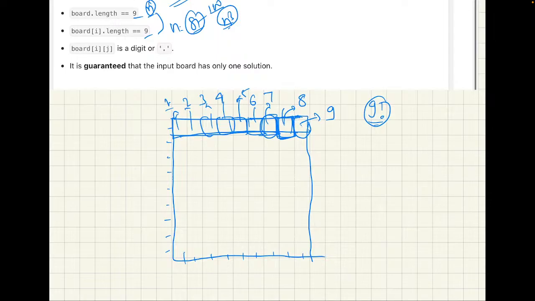Once we have filled this, we'll come to this cell. Since these three are filled, this is left with only 6 values, to be very honest. Now this is left with 5 values, this is 4.